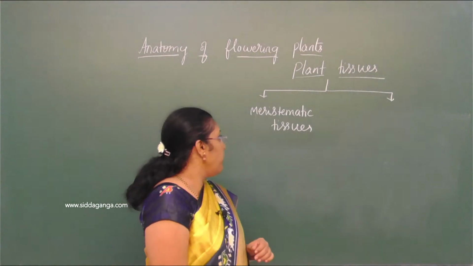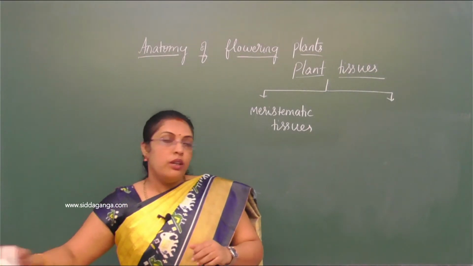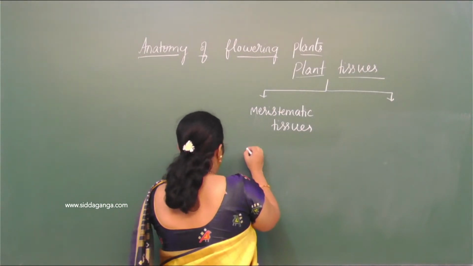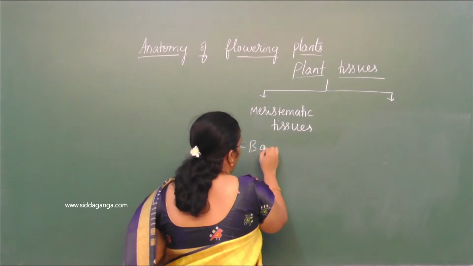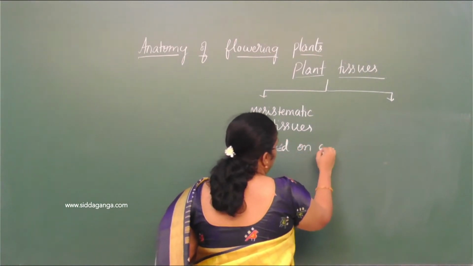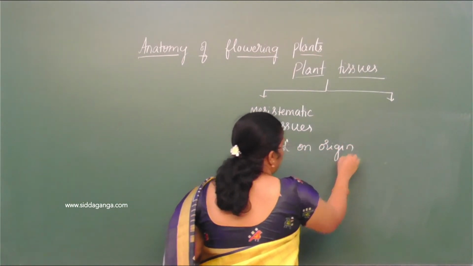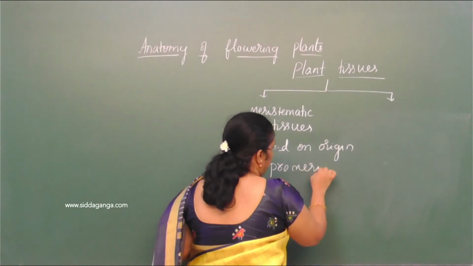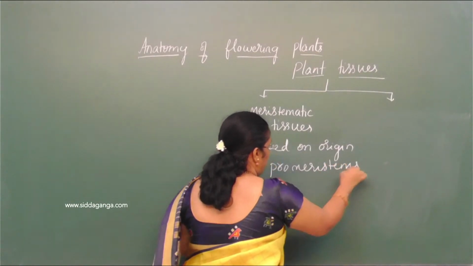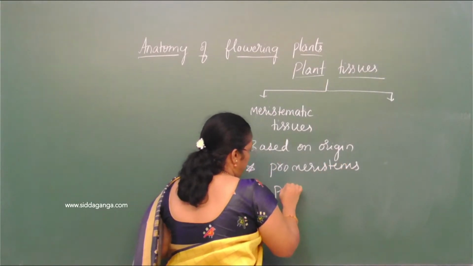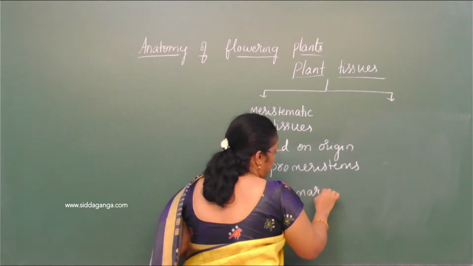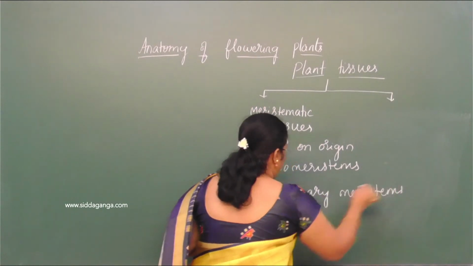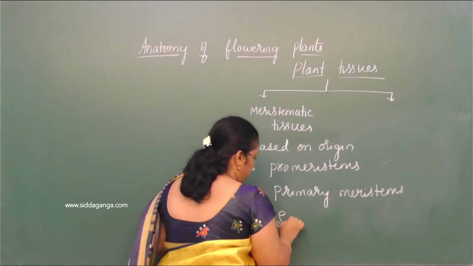The next, under meristematic tissues, now we will discuss classification. Classification of meristematic tissue based on origin: we have promeristems, primary meristems, then secondary meristems.